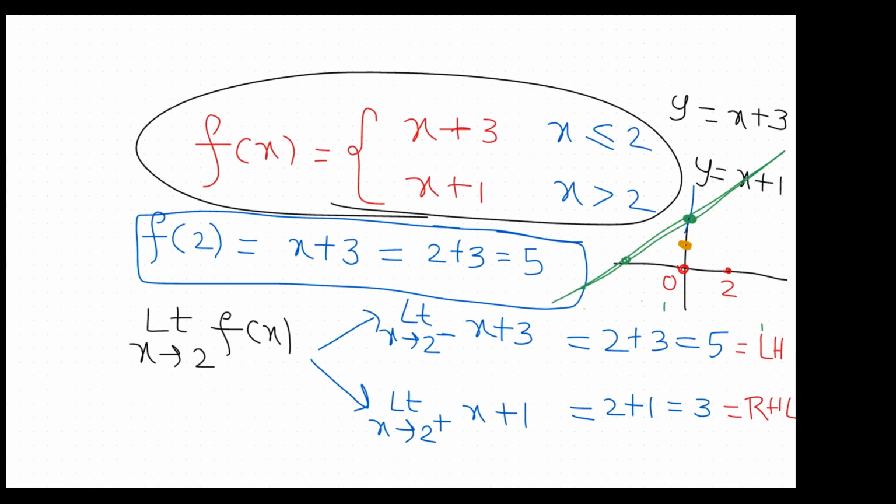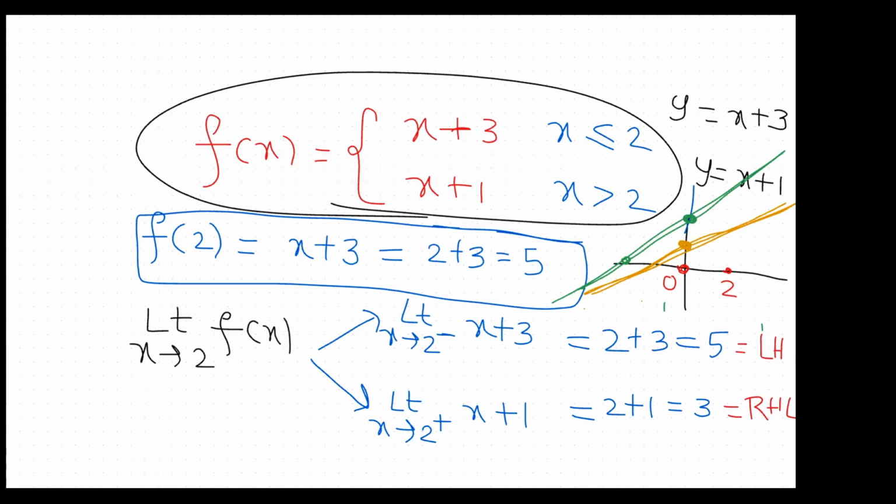This is very important. Which one should I erase? That green line should be drawn from which region to which region? x less than or equal to 2. Until 2 only I should draw, correct or not? After 2 I should not draw it. But I'm extending it infinitely, right? That is wrong.